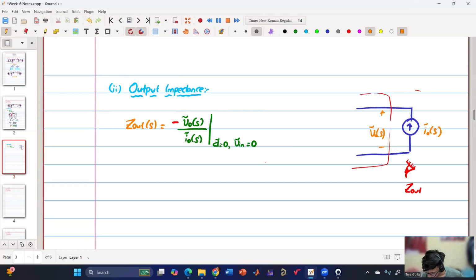But in my circuit, I don't have I naught like this. I have I naught like this. So what I'm going to do is put a minus sign. So I can say this is my I naught tilde of S. I can reverse the direction and say this is minus I naught tilde.